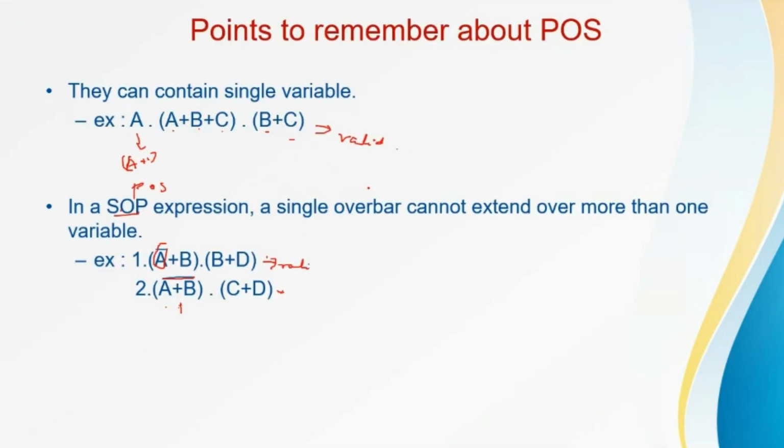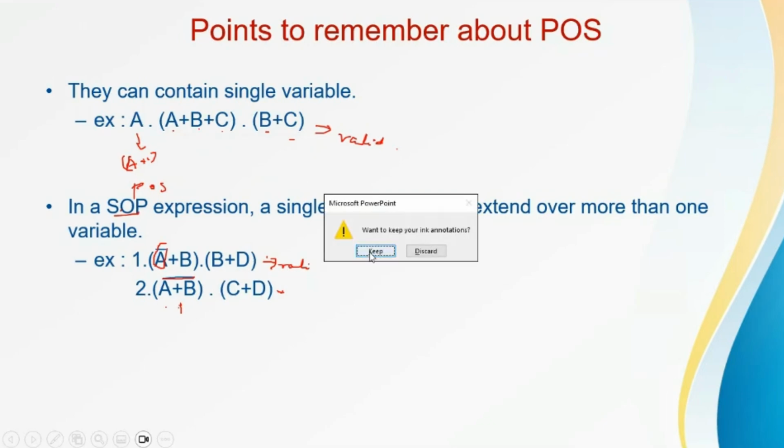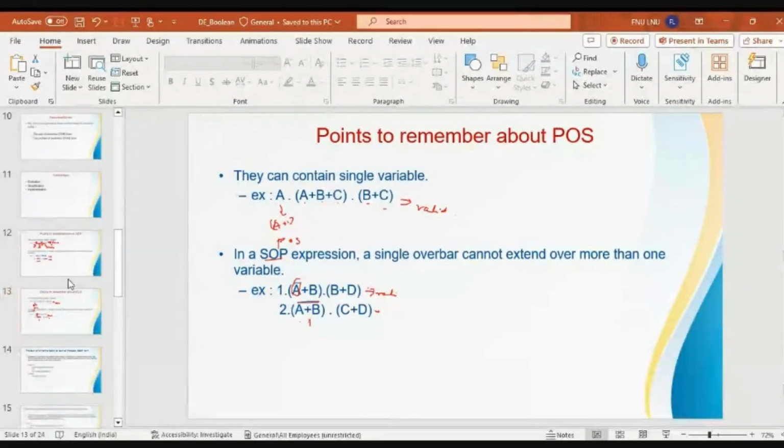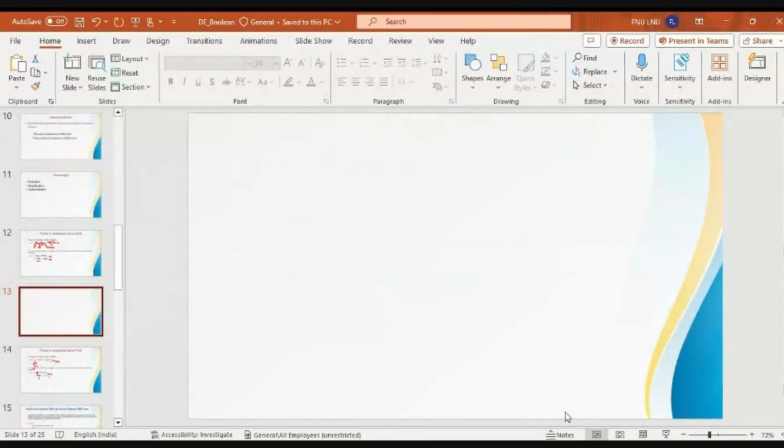Okay, the simple example will be AB plus ABC plus CB.